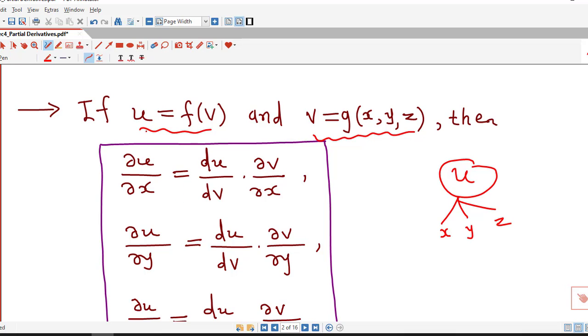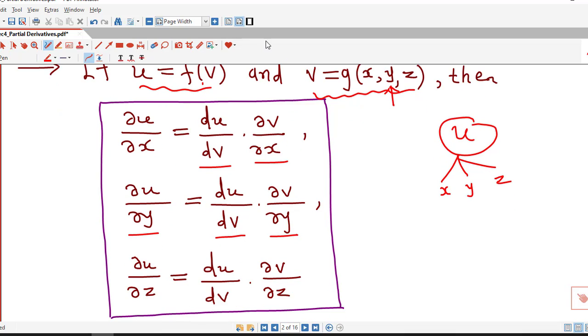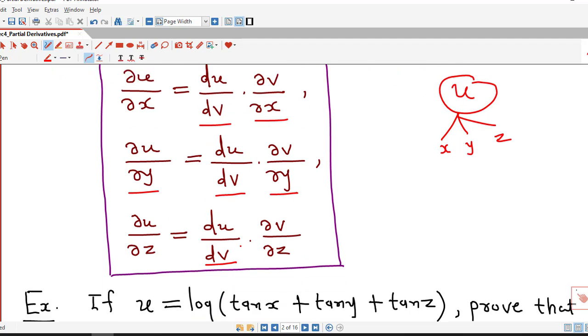So if we want to find out del u by del x, first we differentiate u with respect to v, and in the product we have to write partial derivative of v with respect to x. Similarly, del u by del y is derivative of u with respect to v into derivative of v with respect to y, and del u by del z is derivative of u with respect to v into partial derivative of v with respect to z.